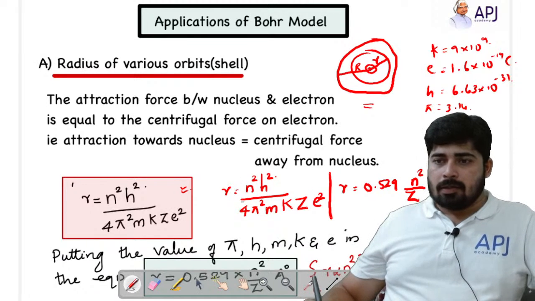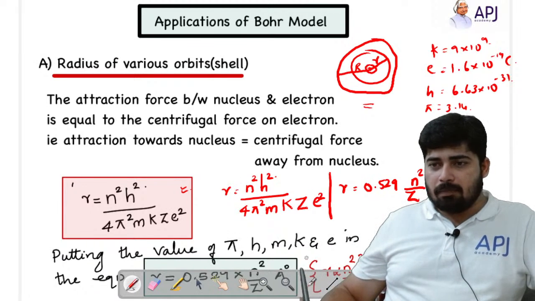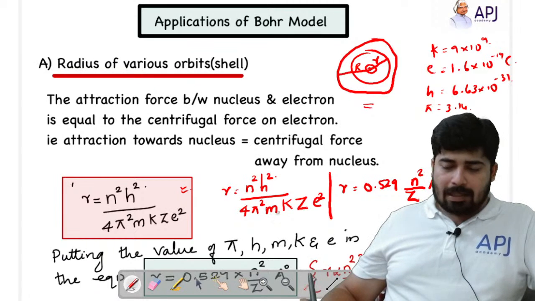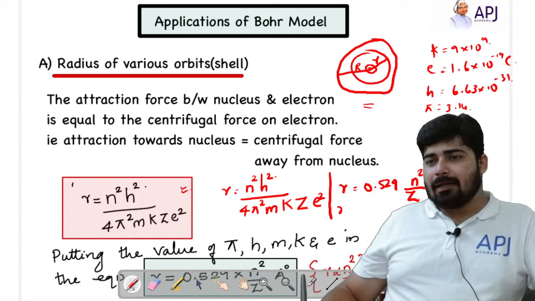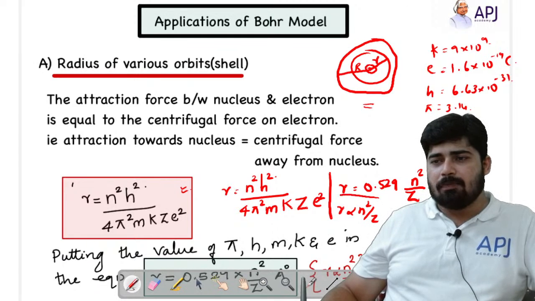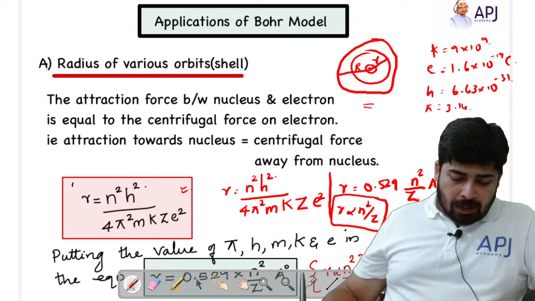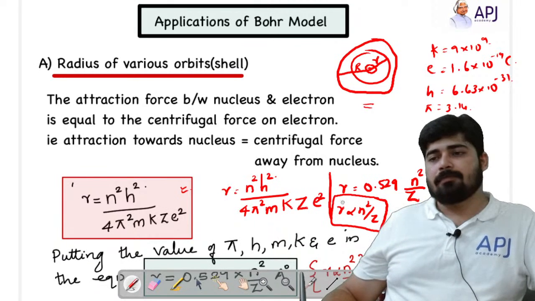I have given this here in the box. Now you can say that R is directly proportional to n square by Z. This is a very important relation.